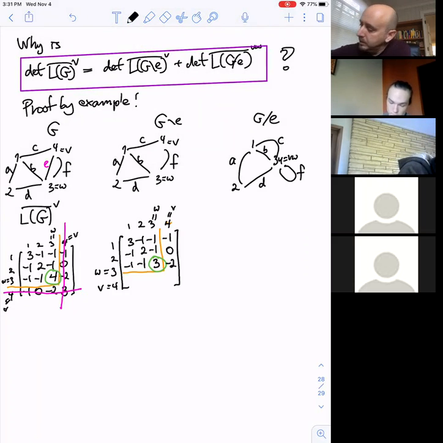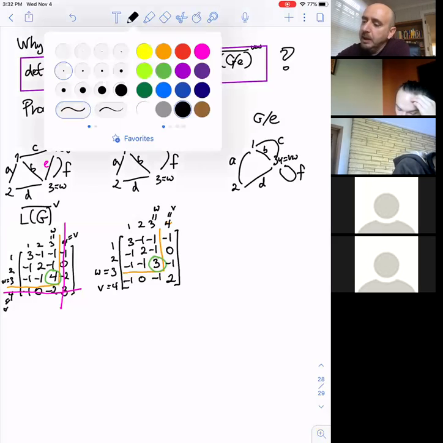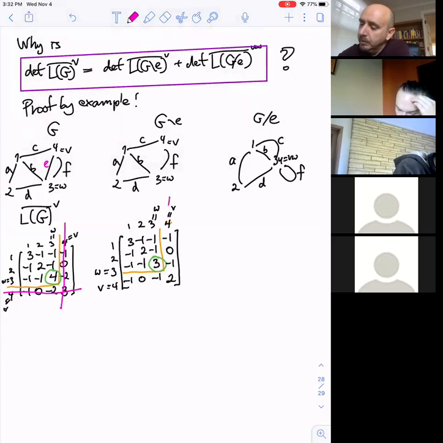No, that's something that changed. Yeah, that entry actually went down by 1 also. And vertex V also, its degree went down by 1, but I'm not so concerned about that because we're striking that out when we compute the determinant.